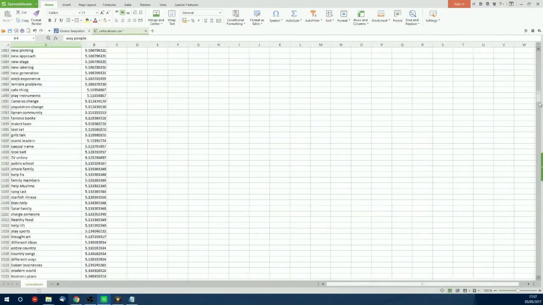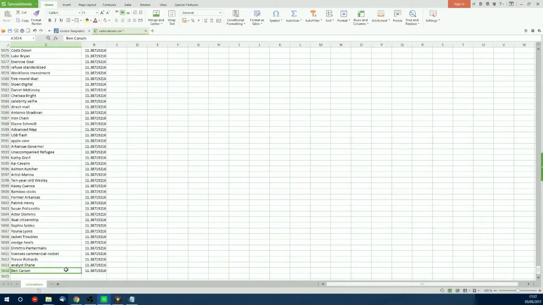On the other end of the spectrum though, you can see names like Ben Carson and other people who might appear in some news articles, and it is likely that they would be addressed by their full name, and that is why they're considered collocation, or 2 words which occur together a lot. On this end you can also see some pretty good results in terms of what might be a collocation, like dual citizenship and wedge heels.